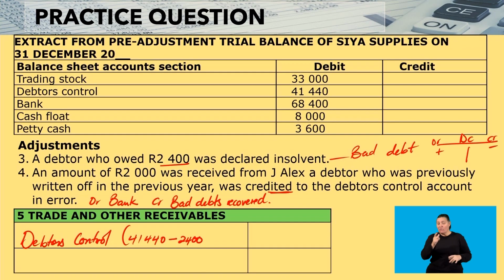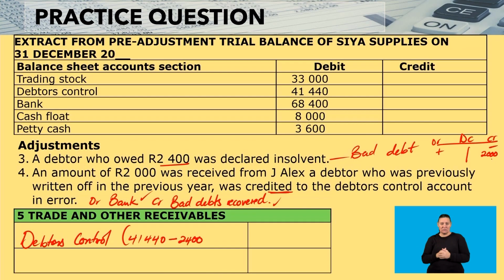The moment we are told that we credited it to the debtors control, that simply means we came here and said 2,000. This is incorrect because this amount must not affect my debtors control. It must affect bank and bad debts recovered.